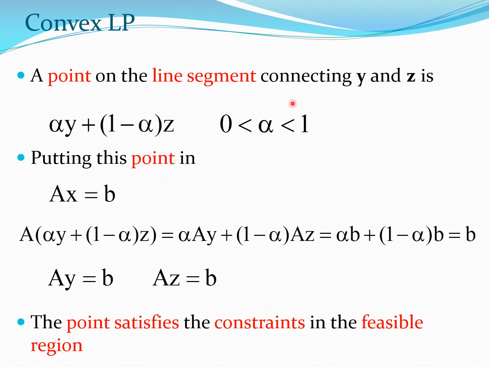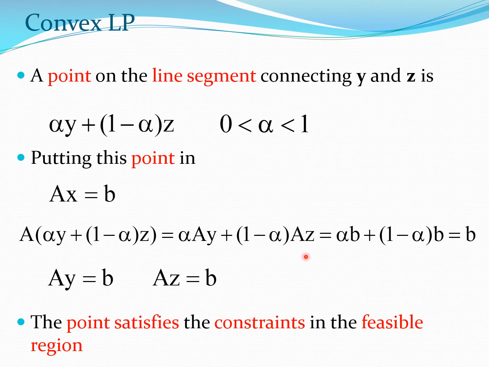So a point on the line segment connecting y and z is given by this formulation: alpha y plus 1 minus alpha into z. So this alpha value is between 0 and 1. Now let us take the equation Ax equals b and plug this particular point into it, which we do here. So we have put this alpha y plus 1 minus alpha into z in lieu of x in this equation, and then we expand this out.